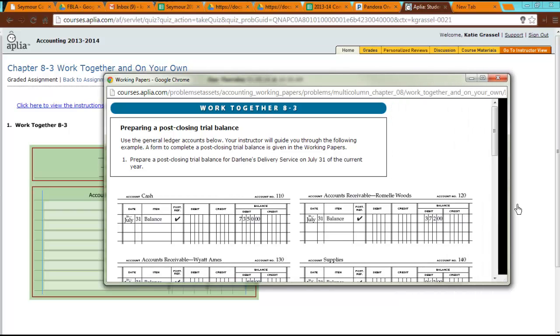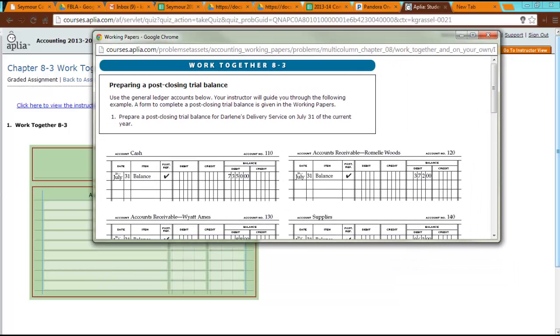So when I look here at what they give us in Applia, I need to start at the top and put every account that has a balance on there. Doesn't matter the order. Kira's shaking her head yes, and I agree, Kira. What order do they need to be in?